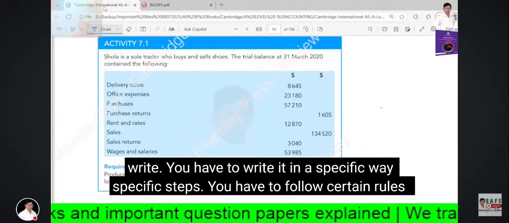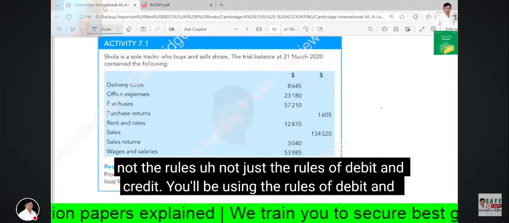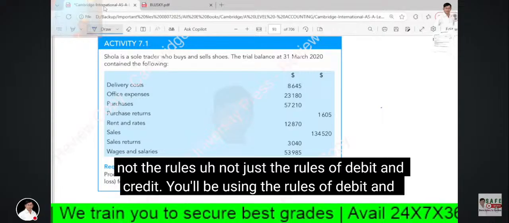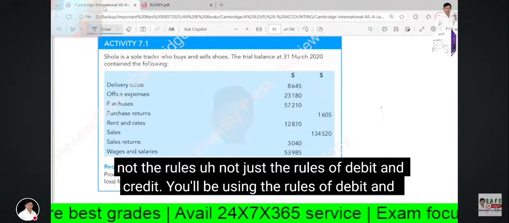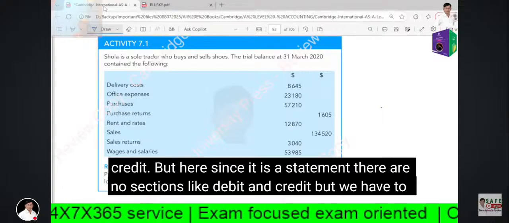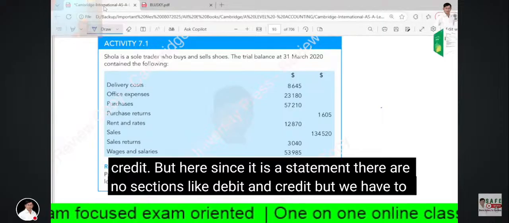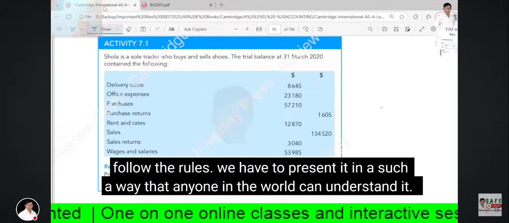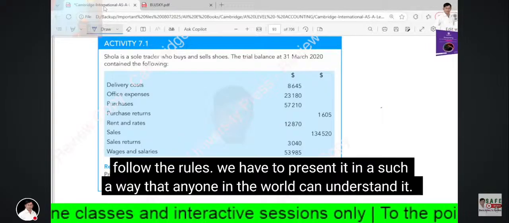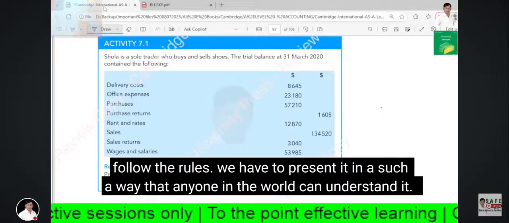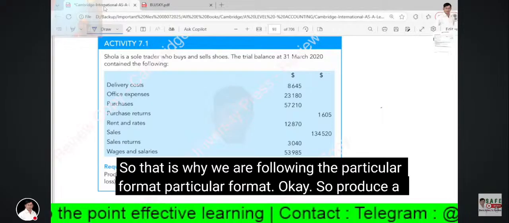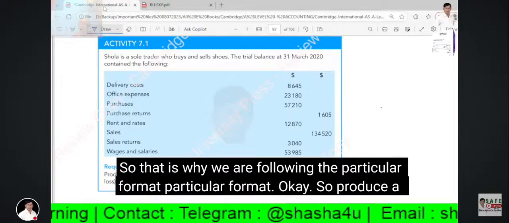You will be using the rules of debit and credit, but since it is a statement, there are no sections like debit and credit. We have to present it in such a way that anyone in the world can understand. That is why we are following the particular format.